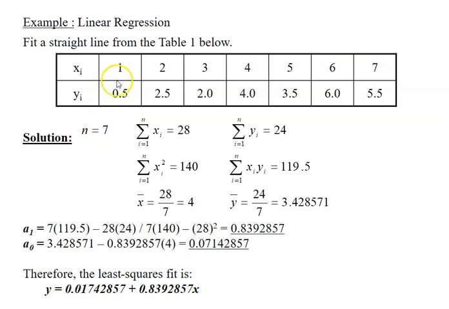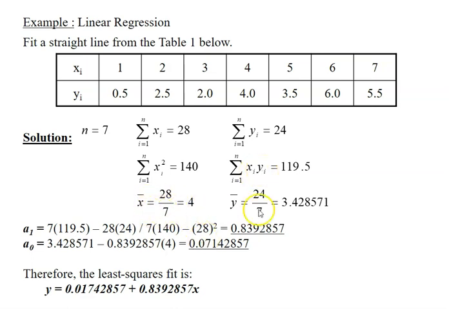Here it is 7, because we have 7 sets of xy data. Then you have the summation of x squared, so you need another column for x squared: 1, then 2 squared, 3 squared, and so on. And you also need another column for the multiplication of data x and data y.